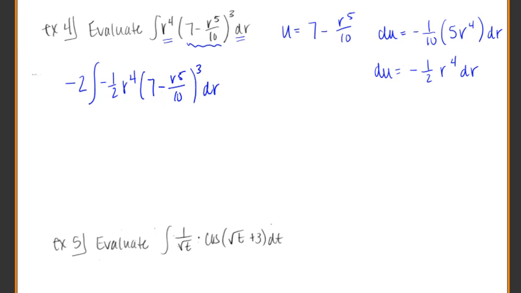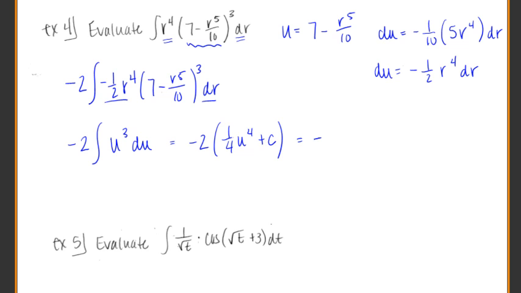So now everything's in place to do all my substitutions. It's going to be the integral with negative 2 out front, that and that, all those together, that's my du, and then I have u cubed du. Okay, so now taking the integral, it's going to be 1/4 u to the 4th plus c.